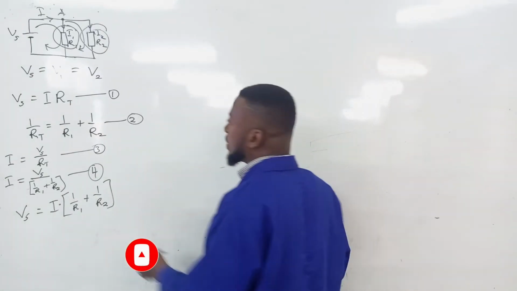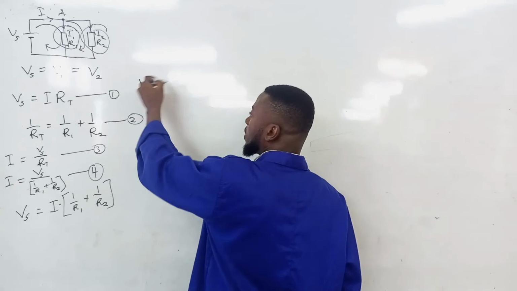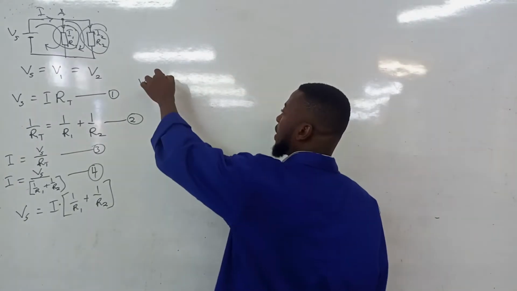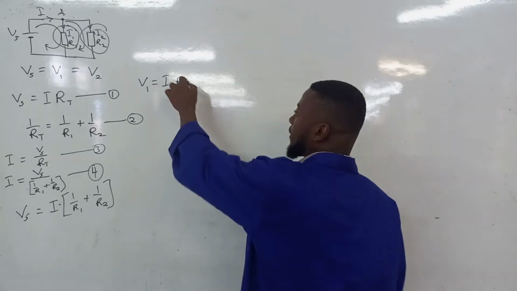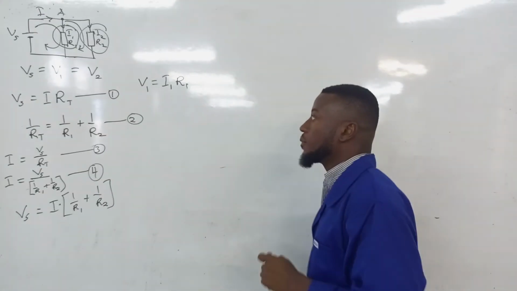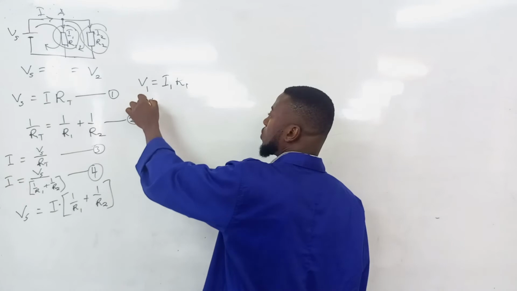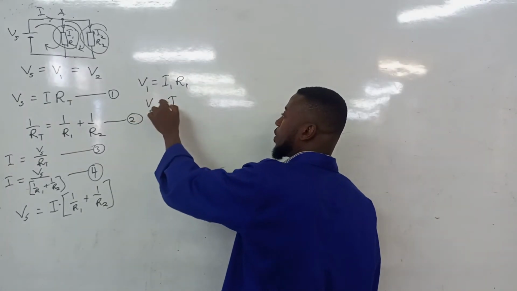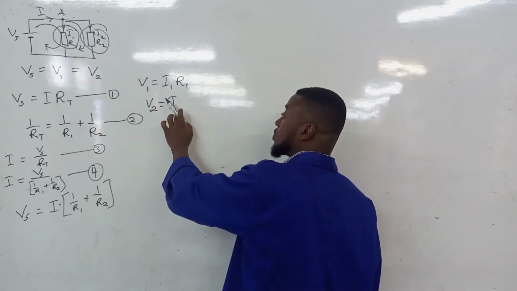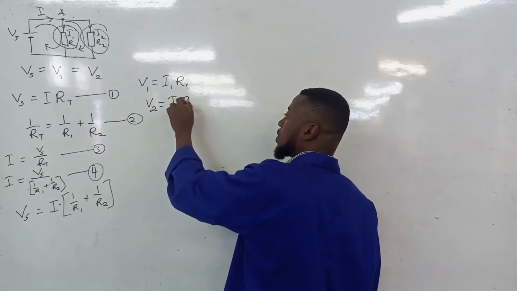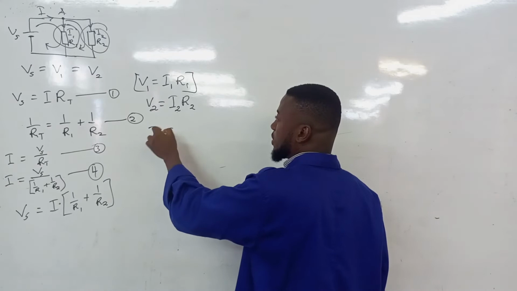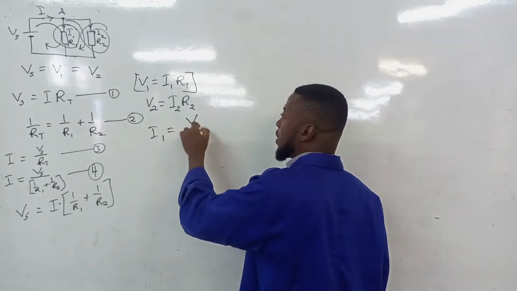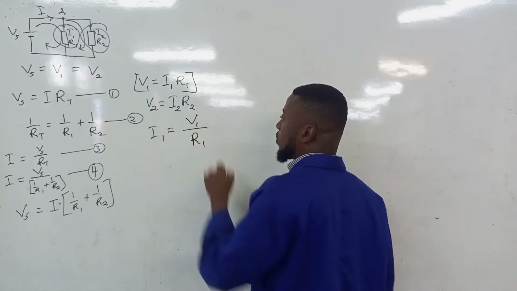Again, we can say that V1 is I1 R1, and V2 is I2 R2. I1 is equal to V1 on R1.